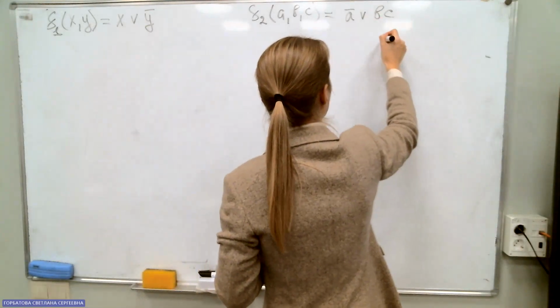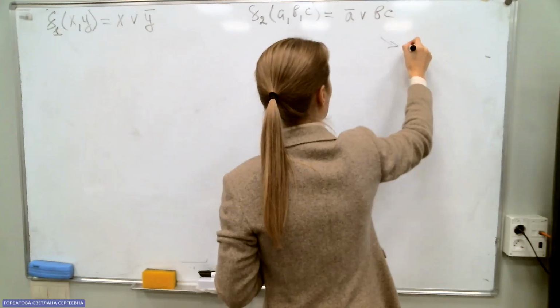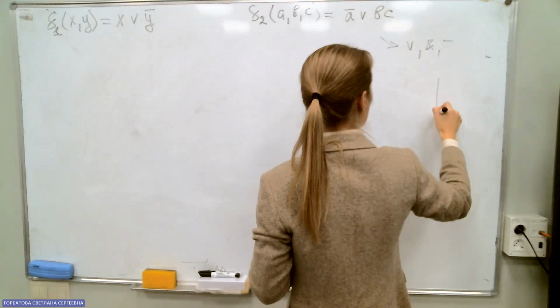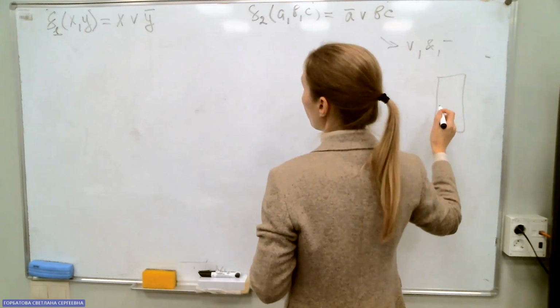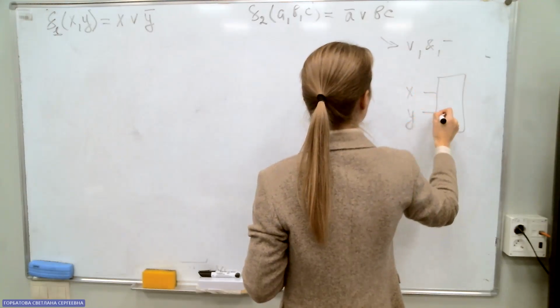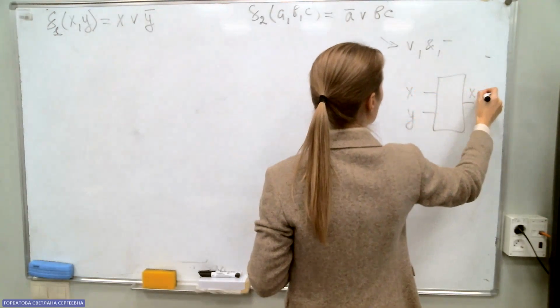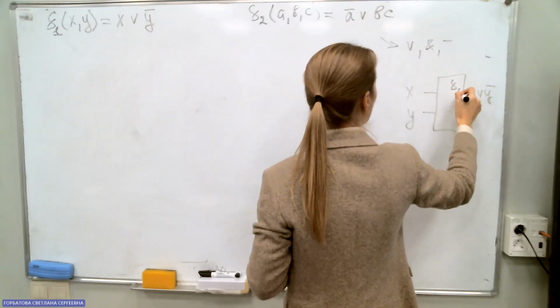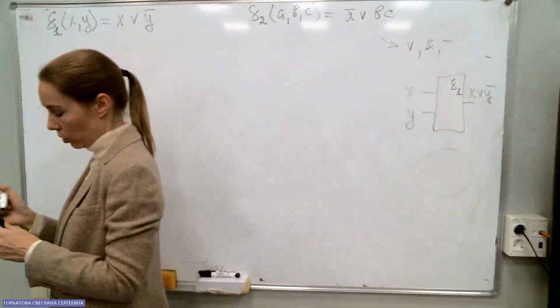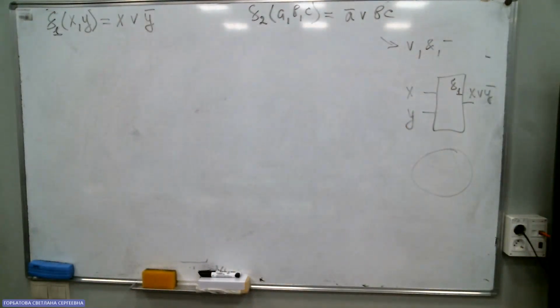We need to remove disjunction, conjunction, and negation, and use just blocks of this function, x disjunction not y, and maybe something else, because we don't know whether it is functionally complete or not. Something else which we maybe add to our basis to make a functionally complete system.